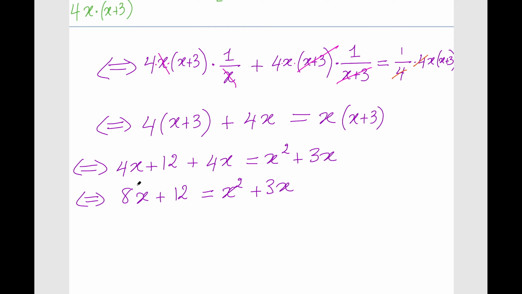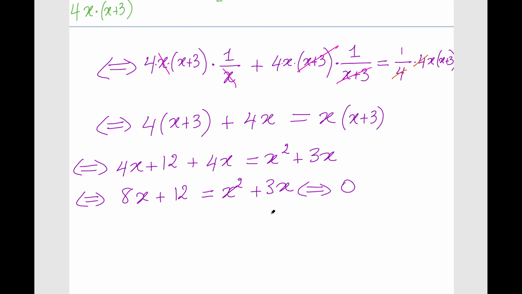It's shaping up as a quadratic equation, right? I see a polynomial of degree 2, you see? So let's bring all the terms to one side to put it in standard form. So you get 0. Let's move the 8x plus 12 to this side, which means I'm going to subtract 8x plus 12, right?